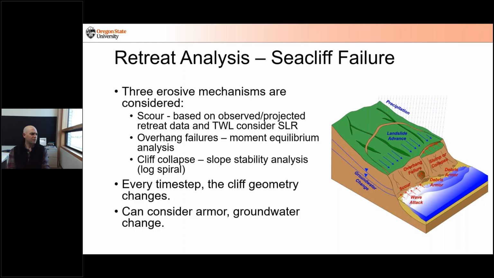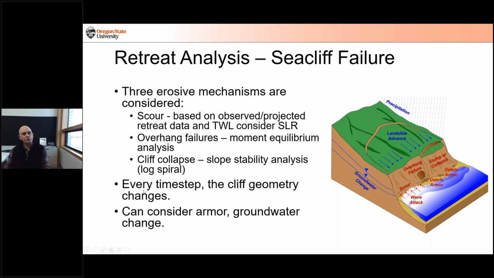We can look at overhang failures. Eventually, as these sea cliffs are oversteepened, you might expect a tensile failure occurring near the toe where there's an overhang. And finally, cliff collapse. So eventually the sea cliff is steepened enough to the point that it is just inherently unstable on its own and it fails in shear.